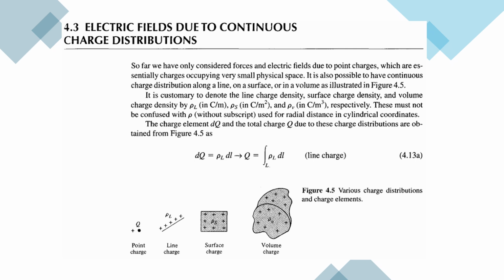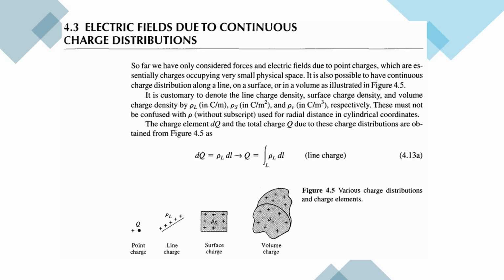But if the charge is distributed in line format, surface format, or volume, how can you find it? If you know the field intensity due to a point charge, then you can integrate from minus L to L over the entire length, and you will get the electric field intensity due to the entire length.